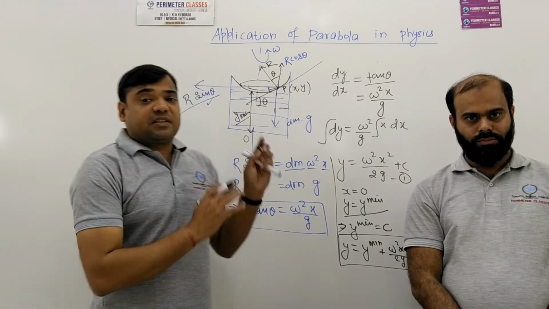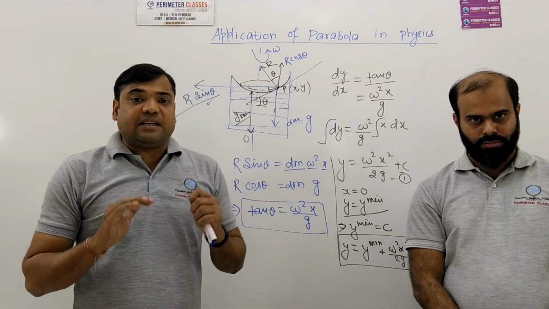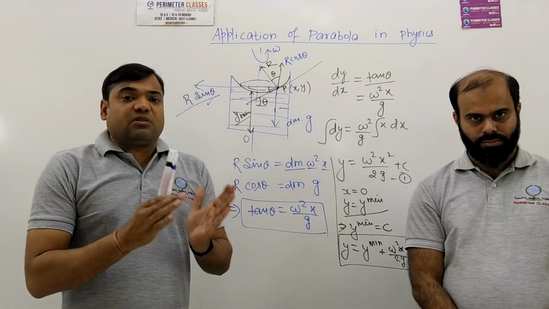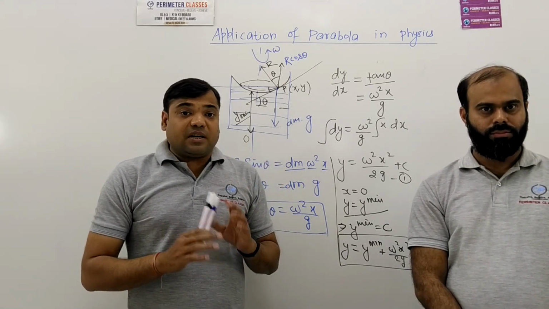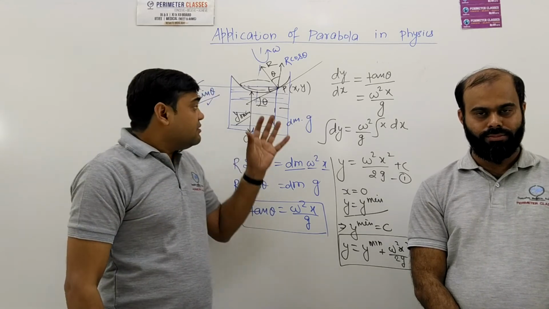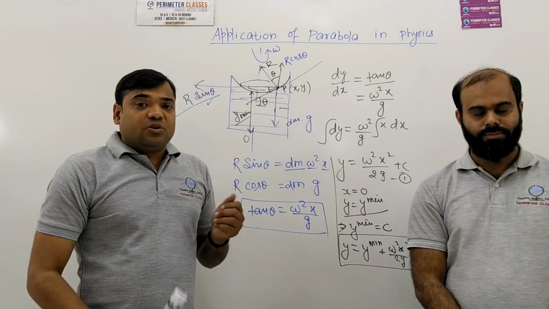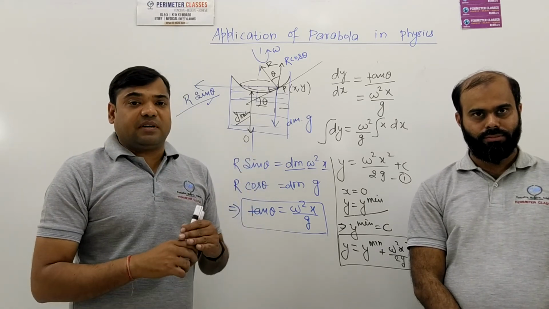What we have discussed here is considered to be a difficult concept of fluid mechanics, and generally for students of class 11 these concepts are not taught in the class. But if you understand the concept of parabola, this will not look very difficult to you. So this is how the relation between physics and mathematics lies.